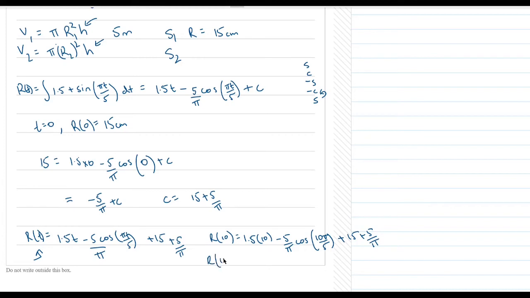So that is going to be 15 − 5/π, cos of 2π is just 1, plus 15 plus 5/π. That is going to be −5/π plus 5/π will cancel. 15 plus 15 is 30. So our second radius, if I write up here, is going to be 30 centimeters.